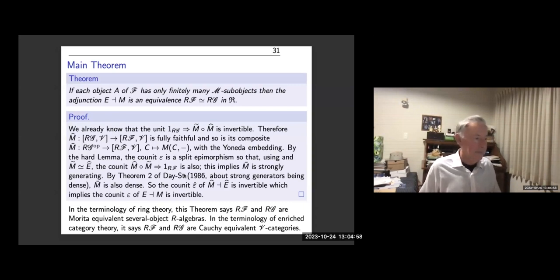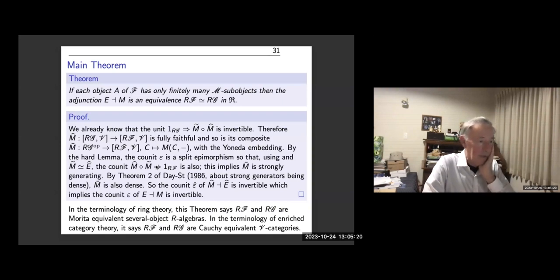So the proof that this actually implies that it's an equivalence requires a bit of work, and I can use this old paper of Brian Day and me, which is a paper telling you when a strong generator in a category also has to be dense.